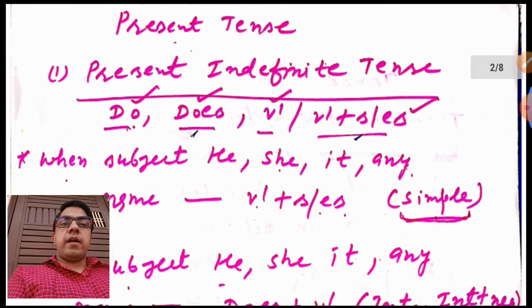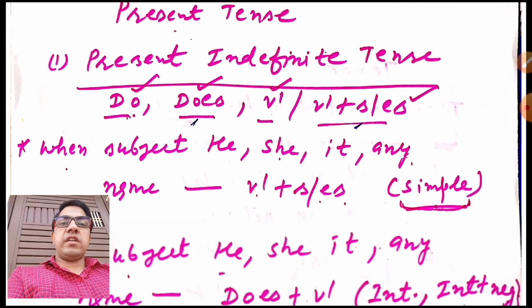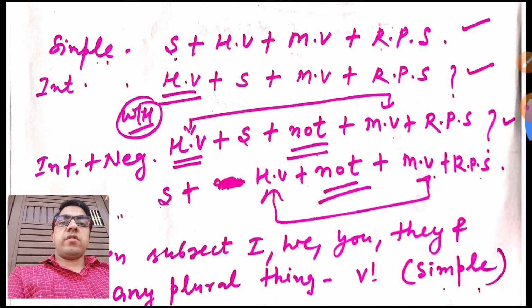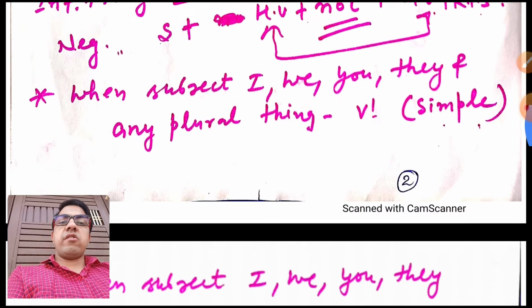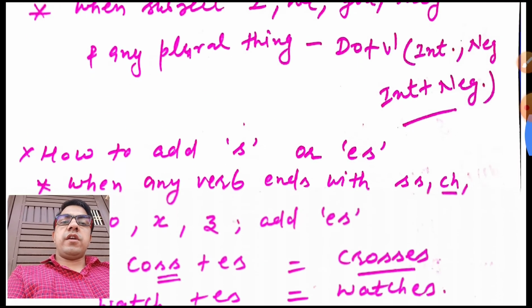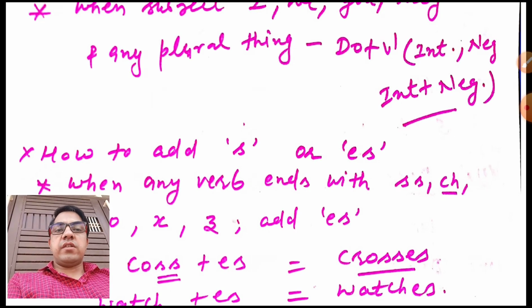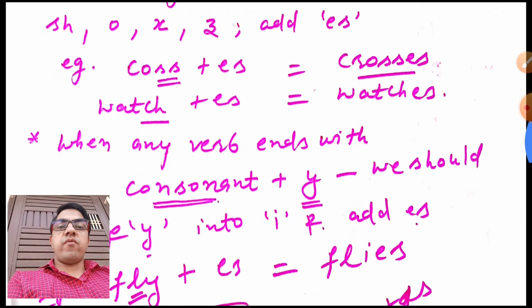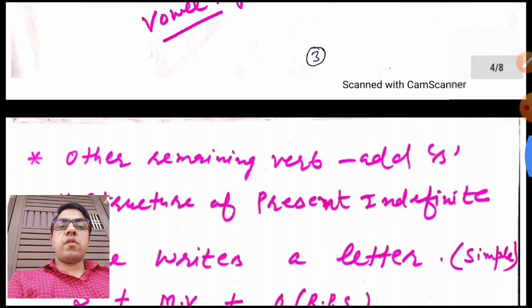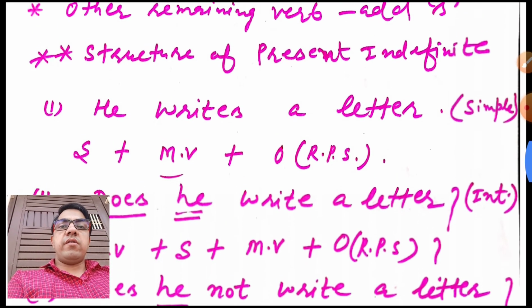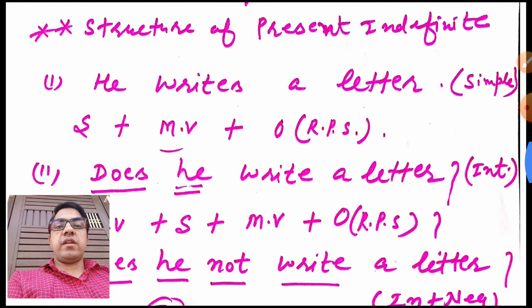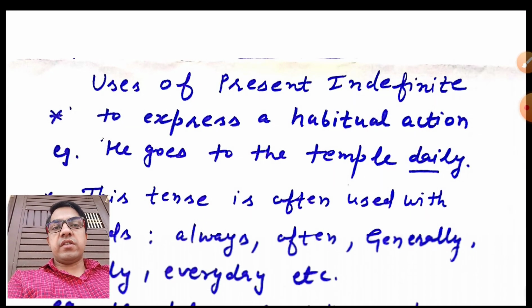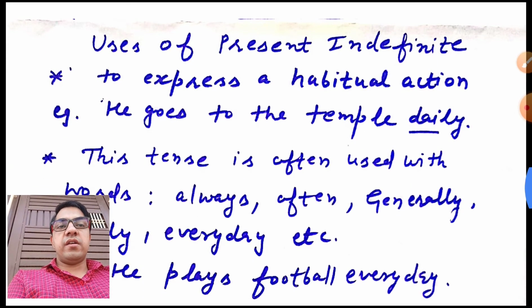After that we have discussed present indefinite tense, the structure of simple sentence, interrogative plus negative, how to add s or es along with first form of verb, the structure of present indefinite tense, and the uses of present indefinite tense.